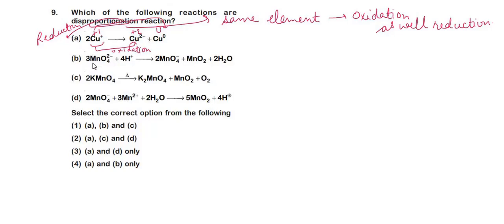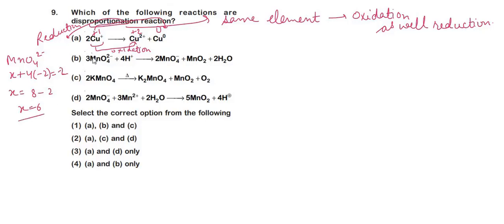See the next case, manganese in MnO4 2 negative form. Calculate its oxidation state. Let it be X for manganese, 4 oxygens at -2, and the overall charge is -2. So when we calculate the value of X, it comes out to be 8 minus 2, that is 6.